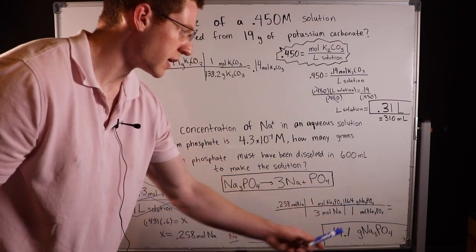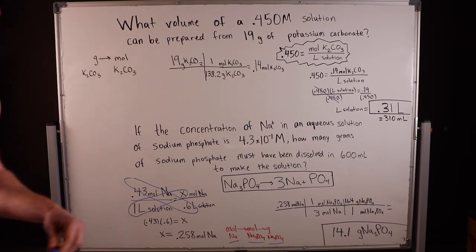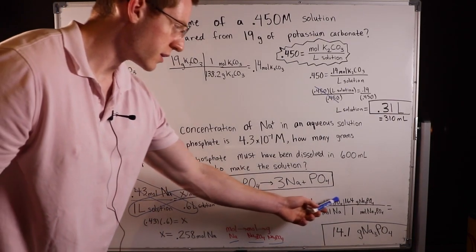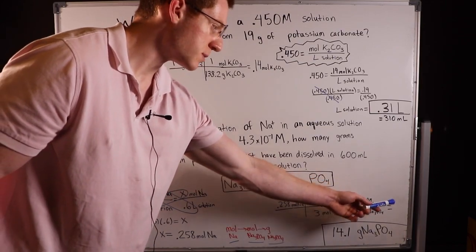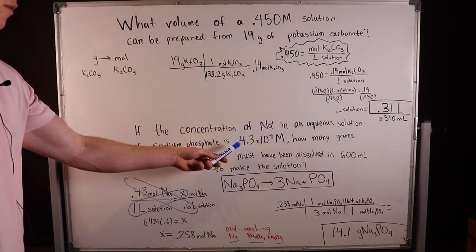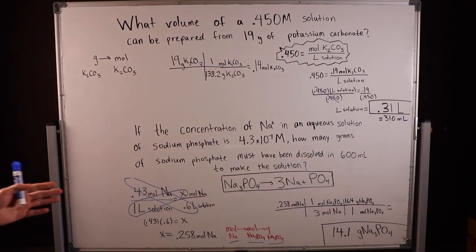We know from the periodic table 3 sodiums plus 1 phosphorus plus 4 oxygens makes 164 grams per mole of sodium phosphate. And then we simply do the math here, multiply the tops, multiply the bottoms, top divided by bottom, and we find out that we must have needed 14.1 grams of sodium phosphate in order to make an aqueous solution with a sodium concentration of 4.3 times 10 to the negative 1 molar and a volume of 600 milliliters.